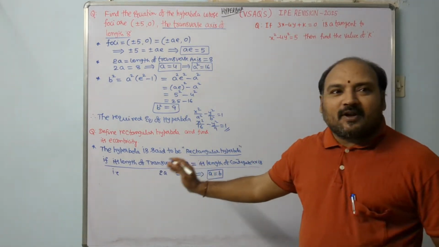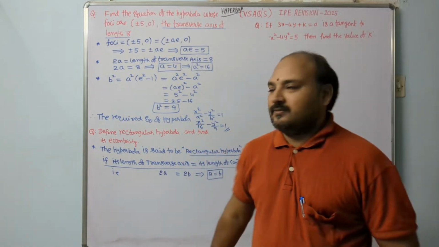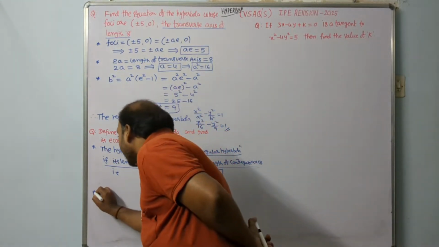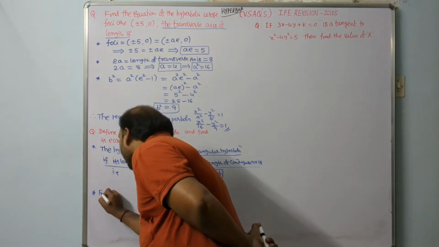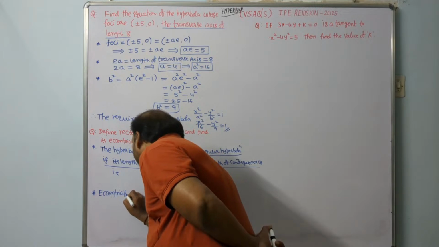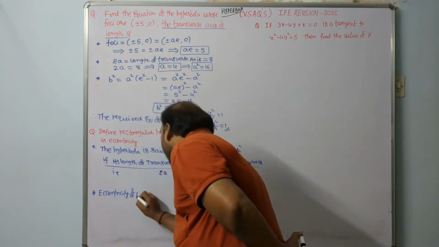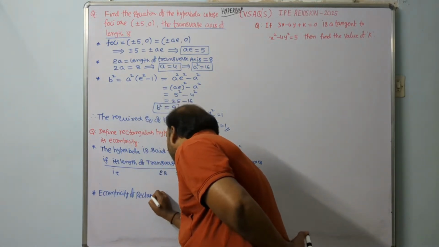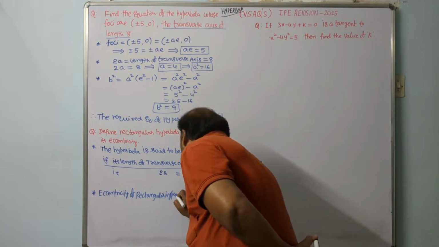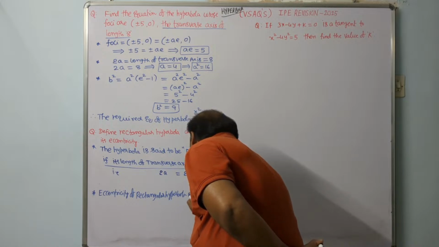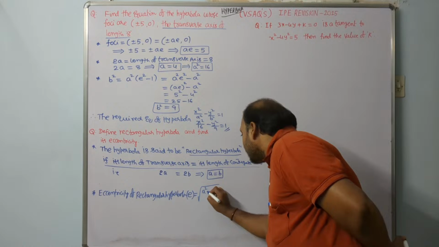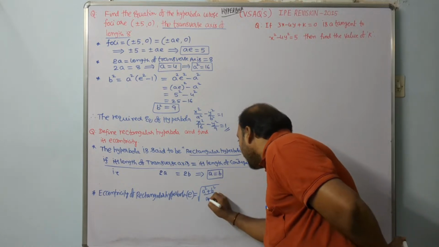For this definition, 1 mark. Then they are asking to find its eccentricity. Generally, for the rectangular hyperbola, e equals root over a square plus b square divided by a square.